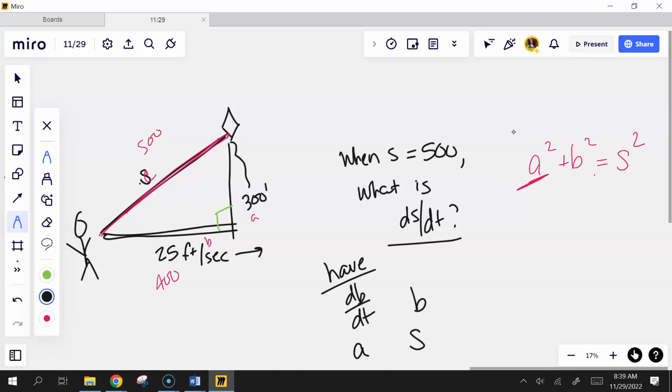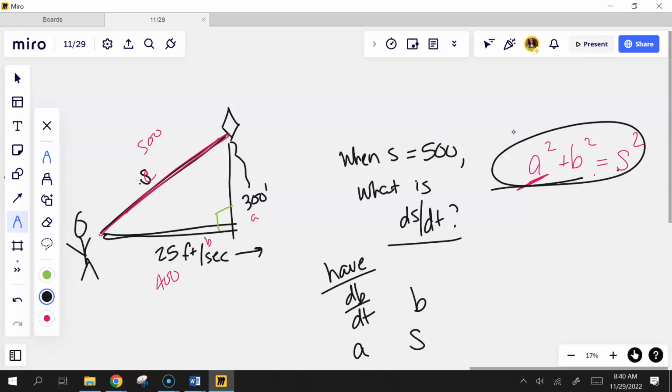Yep, because that's the wind blowing. That's okay. That's the wind blowing, right? So whenever I take the derivative, I don't want dA dt in it because I don't have any use for it and I don't have any way to find that right now. So what I'm going to do is rewrite this equation with only S and B. Does that make sense as to why I'm doing that?